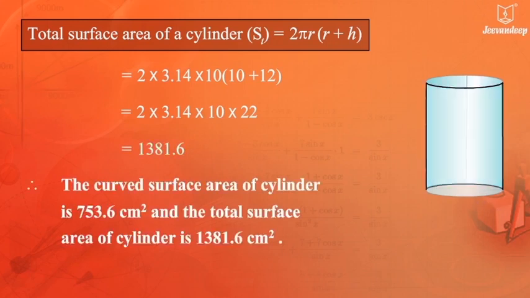Therefore, the curved surface area of cylinder is 753.6 centimeters square and the total surface area of cylinder is 1381.6 centimeters square.